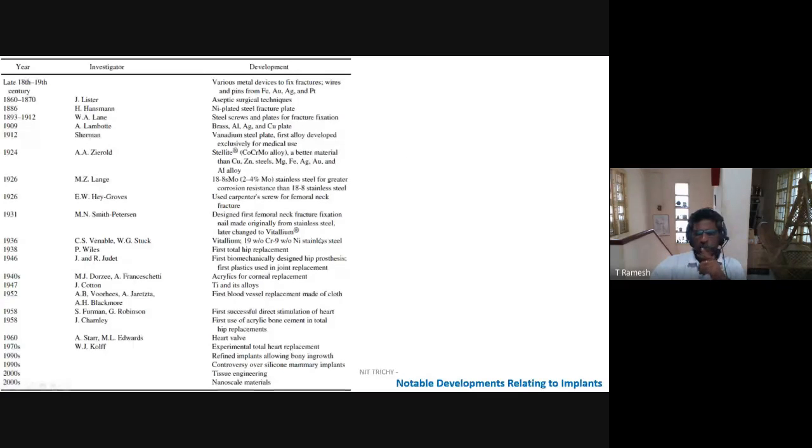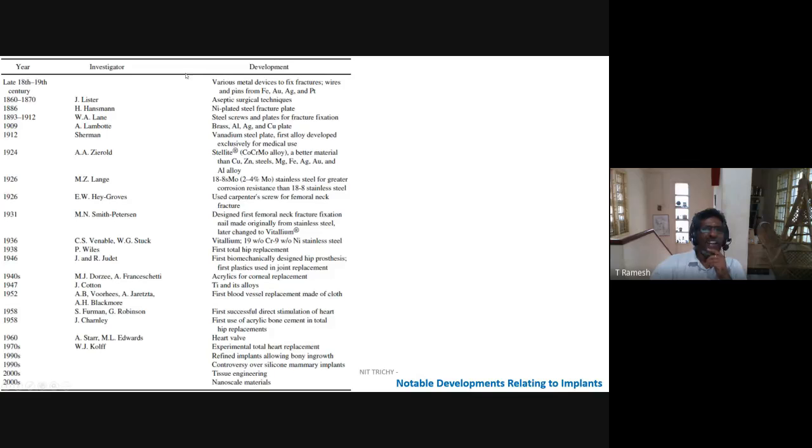These are the notable developments relating to implants by many researchers. You may be surprised that the work started in the late 18th and 19th century, like 1860 and 1870, when Lister developed aseptic surgical techniques and proposed aseptic surgical implants.